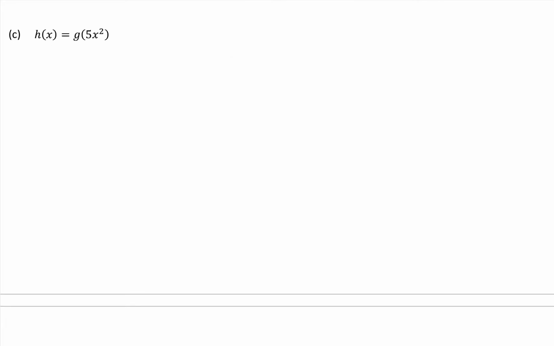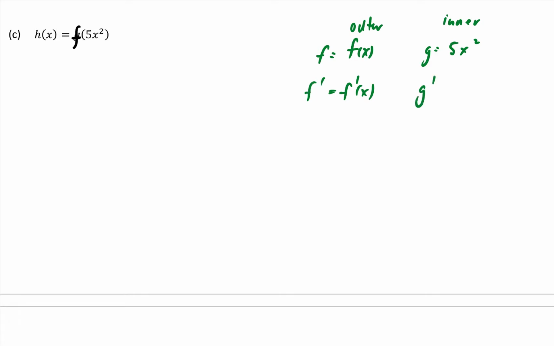Next one, let's change this to f here, maybe to make this a bit easier. We have our outer function, which is f of x. We have our inner function, which is 5x squared. So what's the derivative of f of x? Well, that's just f prime of x. And what's the derivative of 5x squared?